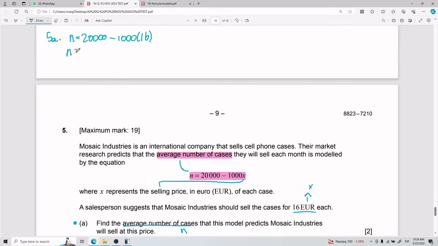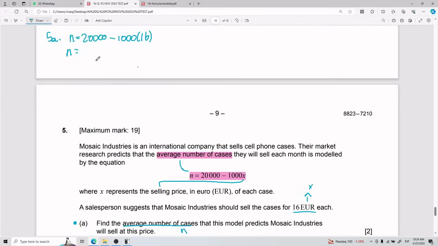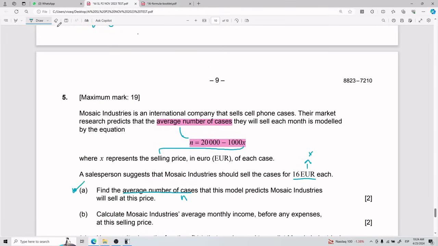So N equals 20,000 minus 1,000 times 16, right? And if you plug all of this into your calculator, you see that 20,000 minus 1,000 times 16 gives you 4,000. So N equals 4,000, all right? So for 5A, at this price of 16 euros each, N equals 4,000.